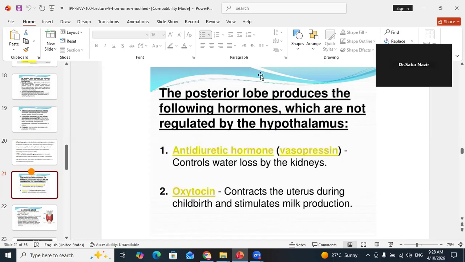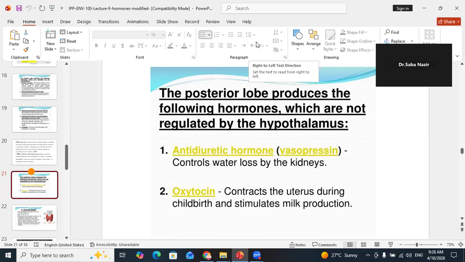Because the water is not lost in the form of sweat, so the water is lost in the form of urine, right? So antidiuretic hormone concentration increases or decreases to maintain the blood water potential, right? The next one is oxytocin.